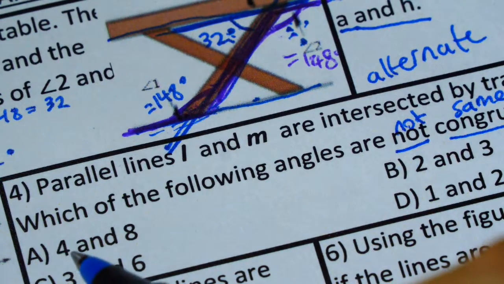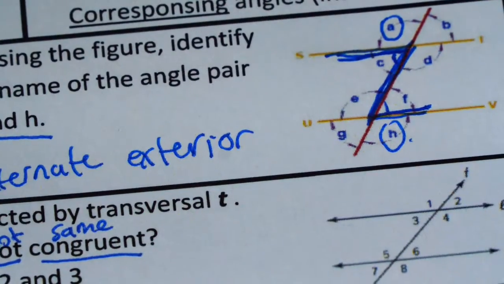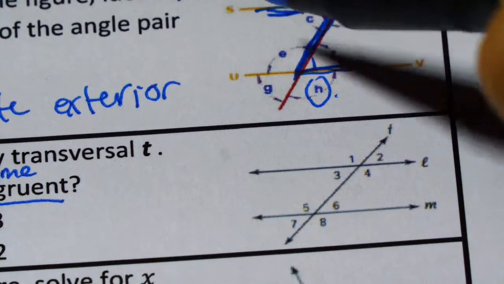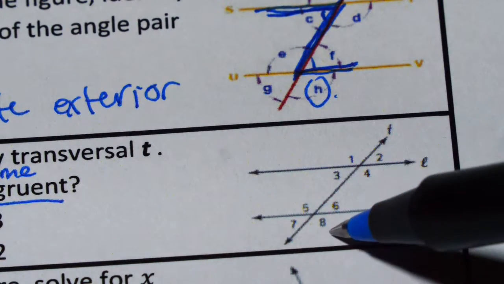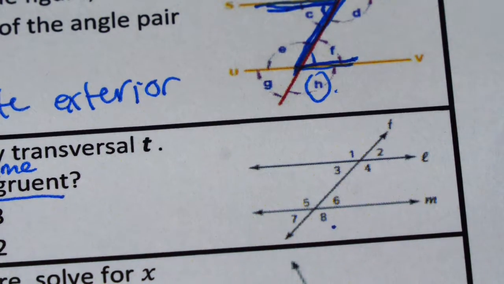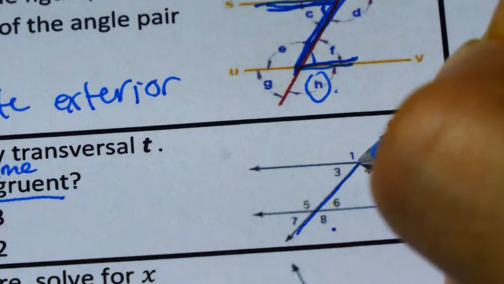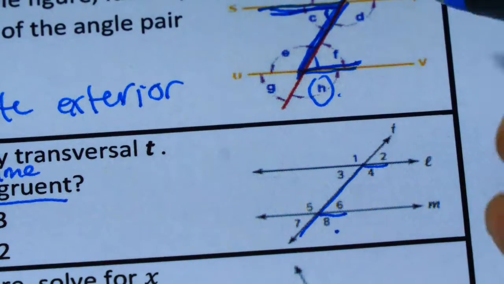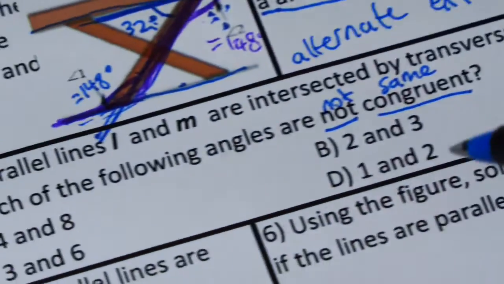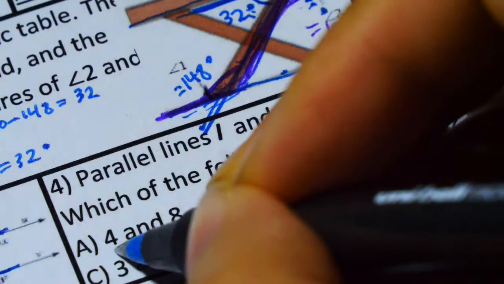So angles 4 and 8, let's check. 4 and 8. Well, if you look at 4 and 8, they are inside the F. They are corresponding, so they are congruent. So not this one.